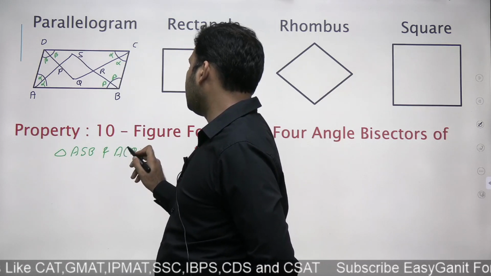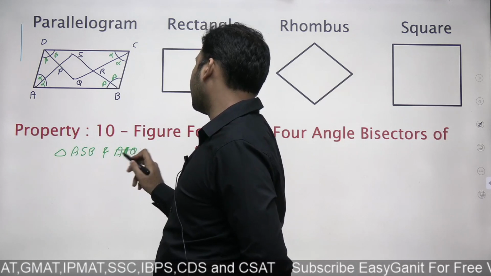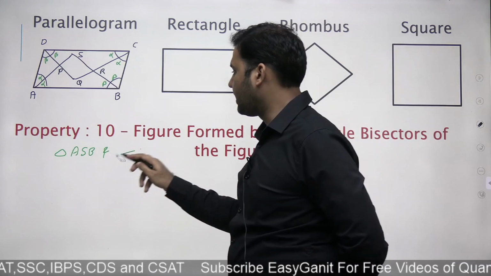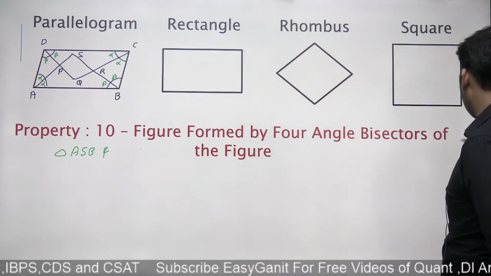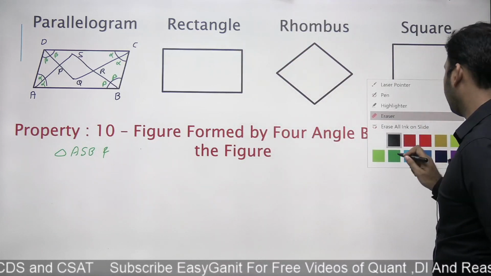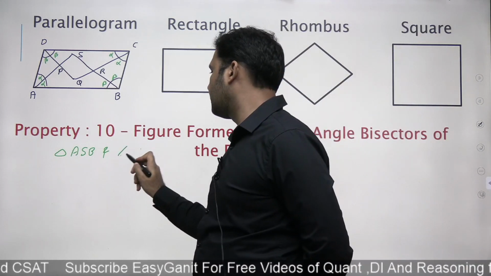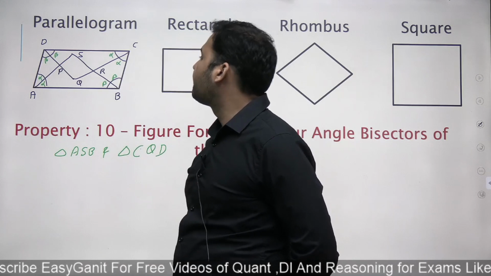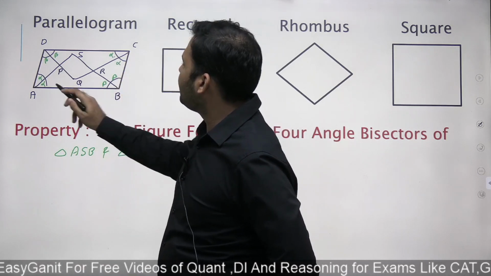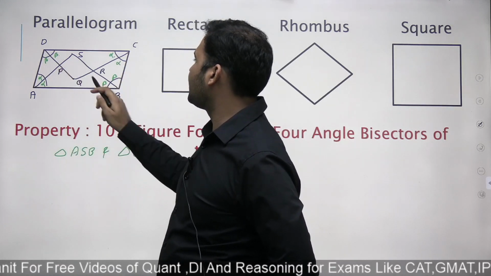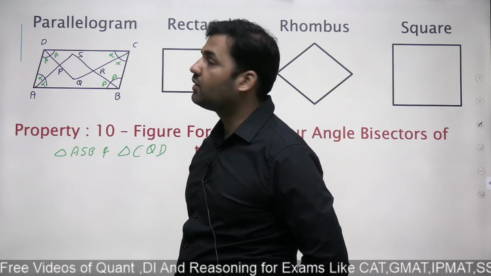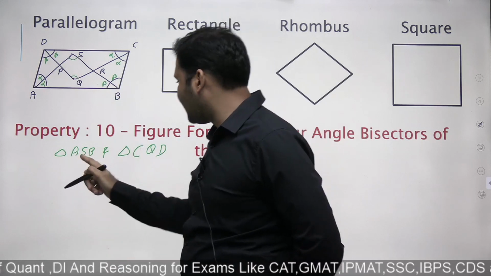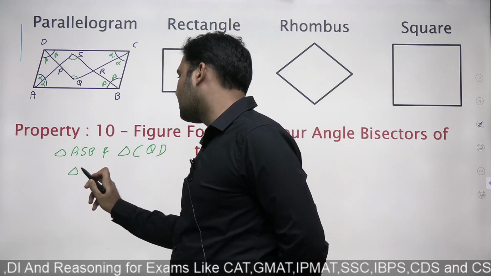You see that this angle alpha is the same as this angle, and this angle beta is the same as this angle beta. So two angles are equal, the third angle will automatically be equal. So can I say that both of these two triangles are similar?